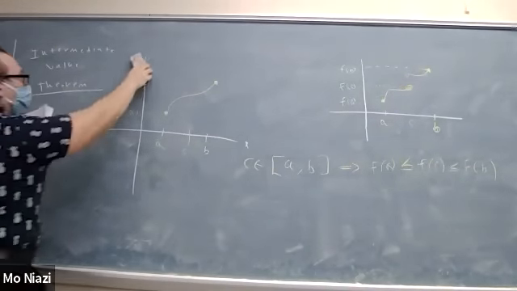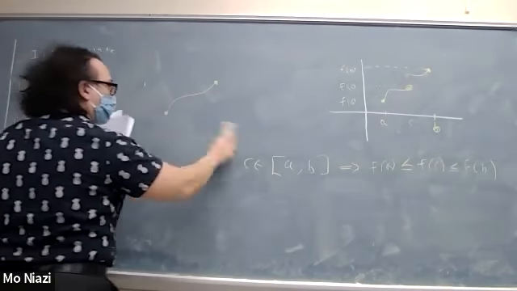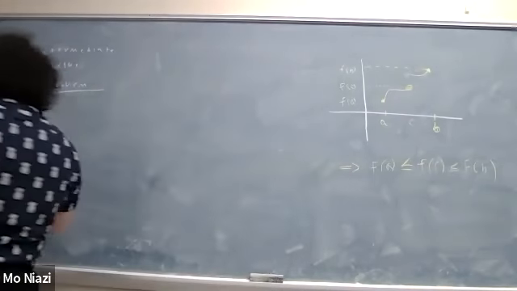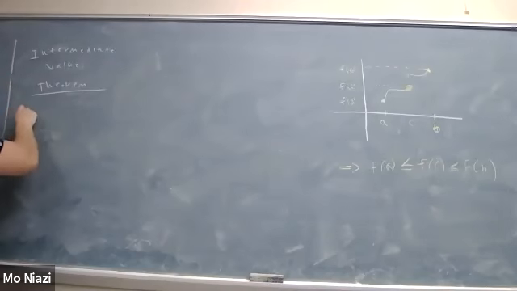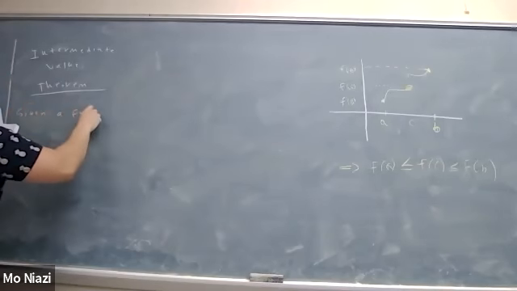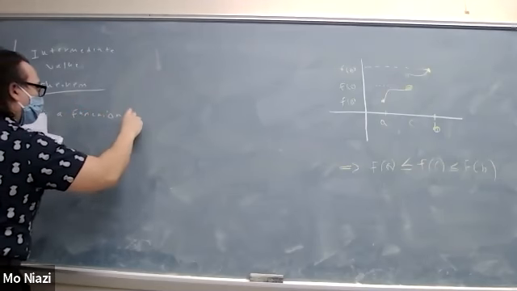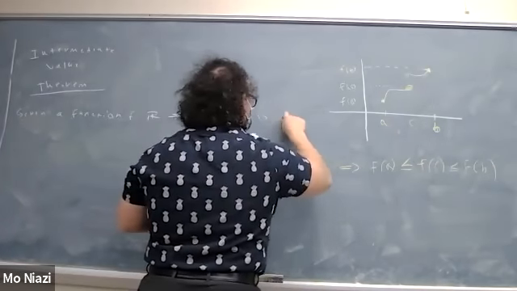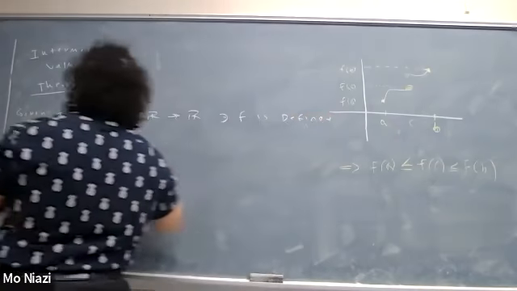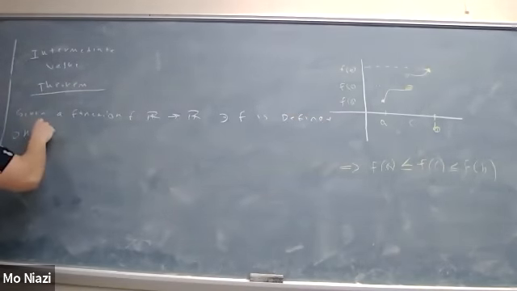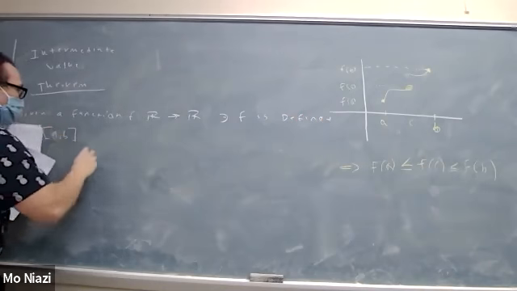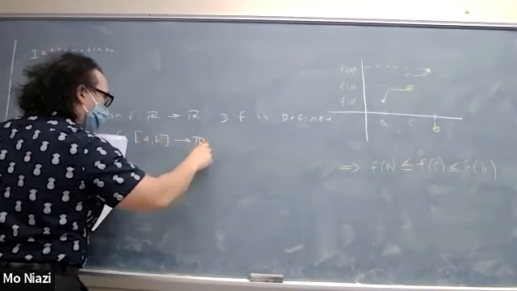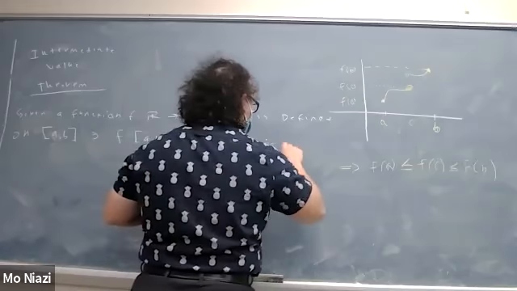Now that we've got the picture, here's the formal definition. Given a function f that maps the reals to the reals, such that f is defined on some interval [a, b], such that f maps [a, b] onto the reals, and f is continuous.